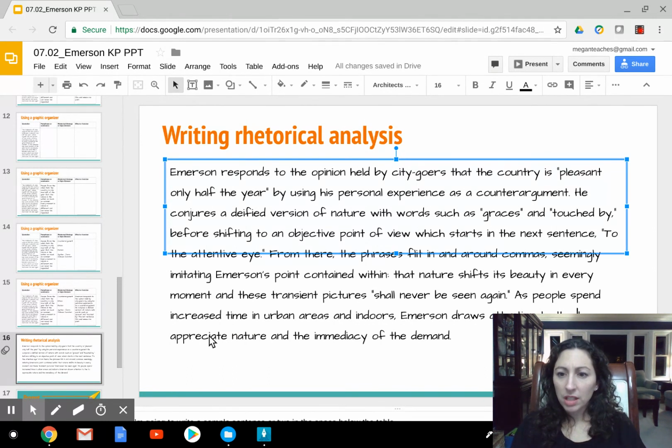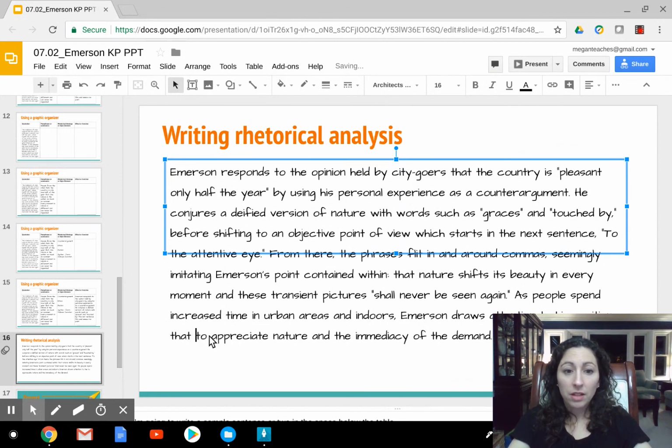Right, Emerson draws attention to his position that humans should appreciate nature, let's say, as much as possible, or as often as possible. How about that?